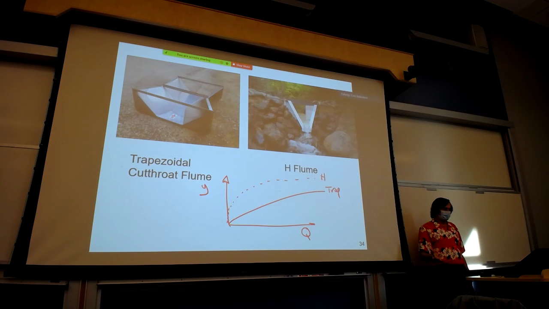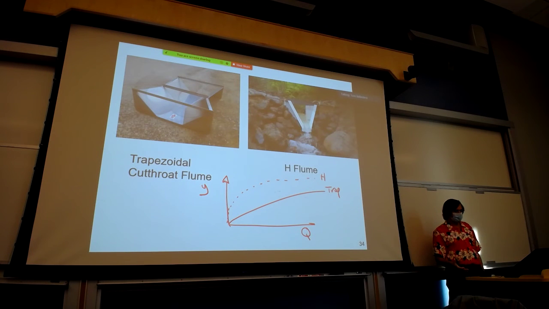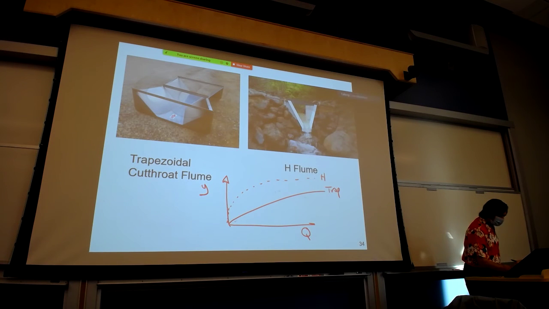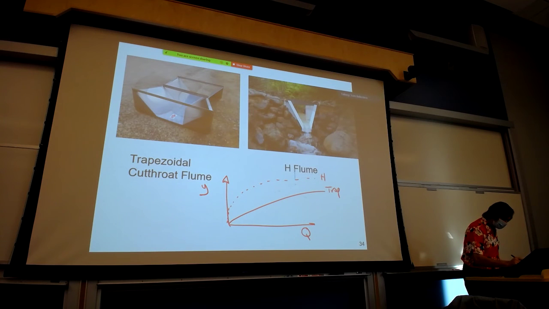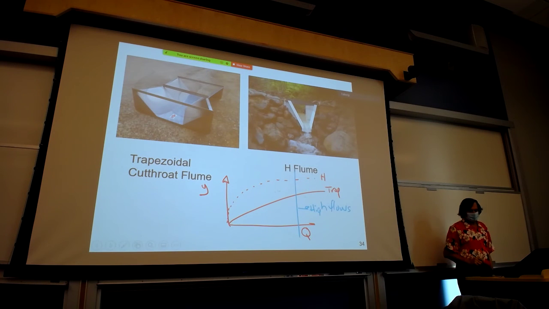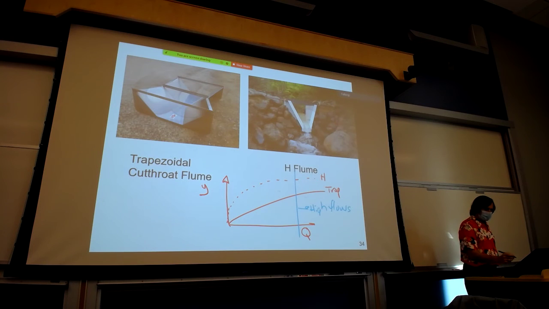These are both rating curves, where if you measure the depth of flow, you get the discharge. If you're interested primarily, for example, in high flows, then either of these would work fine.